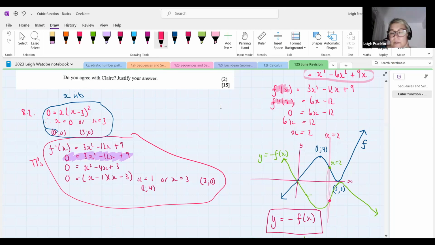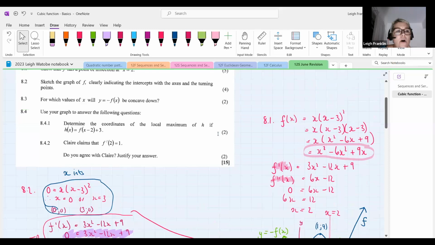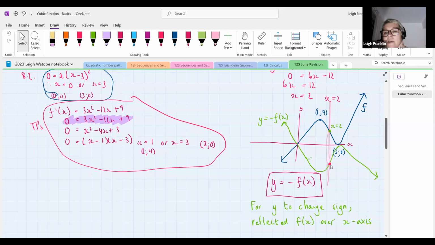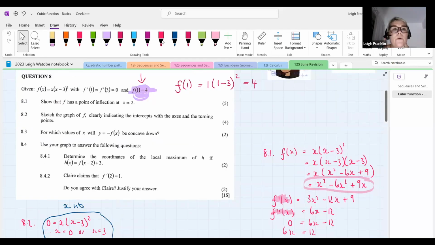Okay, x equals 2 is still the point of inflection. So if they are asking us for which values of x it will be concave down, it is going to be concave down after x is 2. Does that make sense to everybody? So the answer to this will be where x is greater than 2.